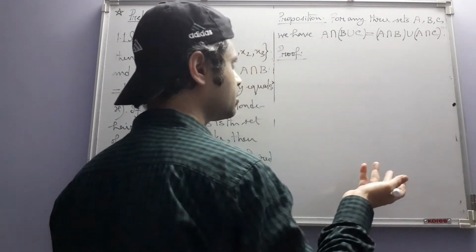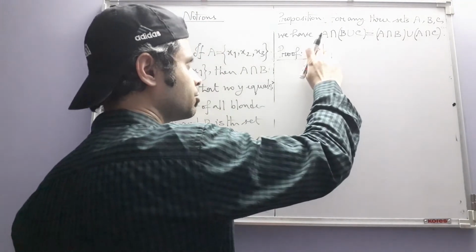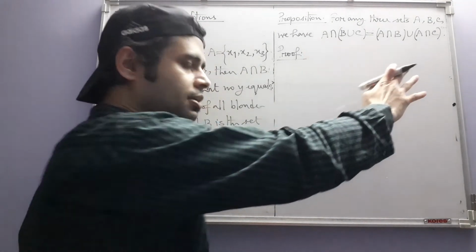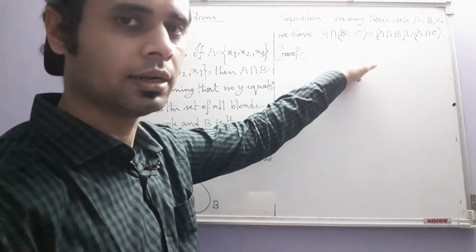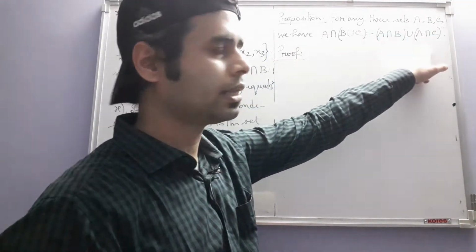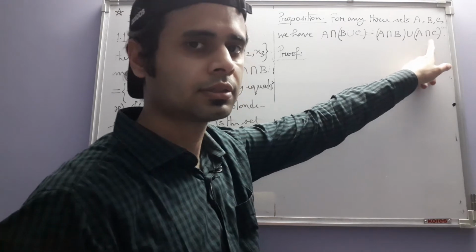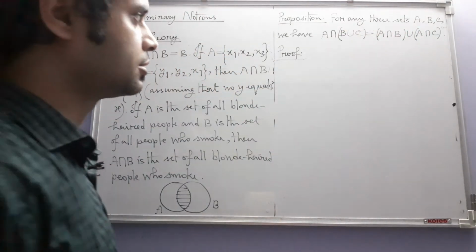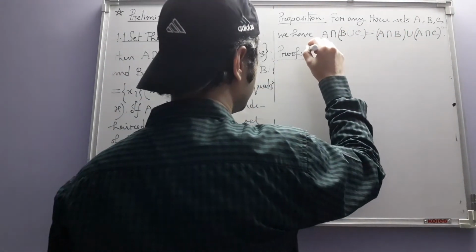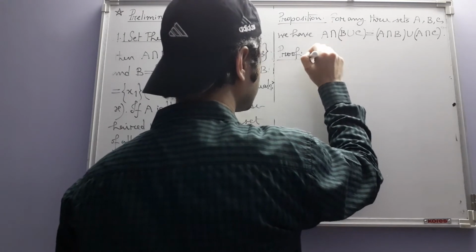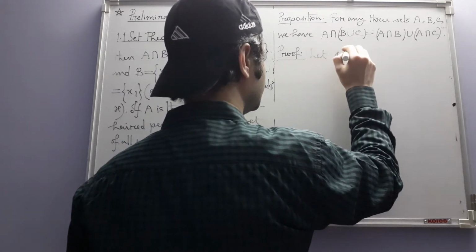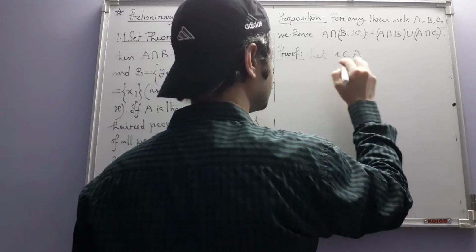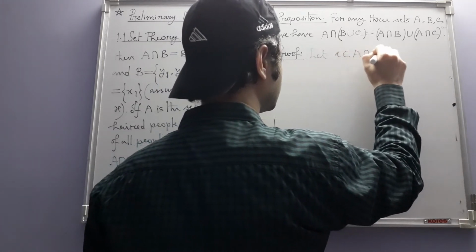And by the definition of subsets, to prove that the left hand side is a subset of the right hand side, we will consider any element on the left, and we will prove that that element is also in the set on the right hand side. So let X be any element in this set.